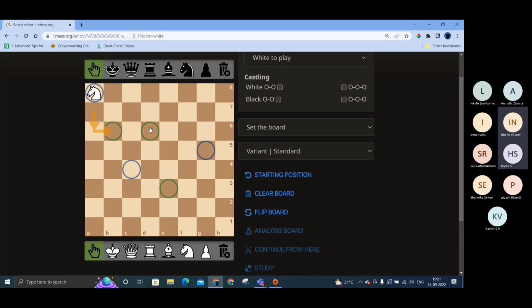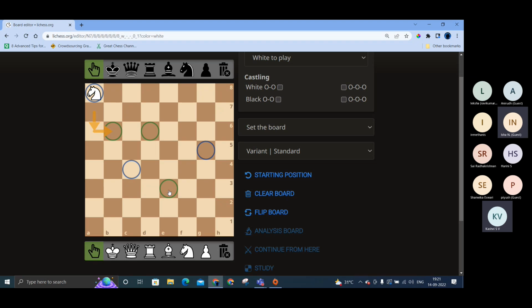Okay. So you be on mute now. Other option from here, C4. From C4, where else can this knight move? Knight only moves to the landing square. So you have to find the landing square. This is one landing square from C4. Another one. Is there any other option?